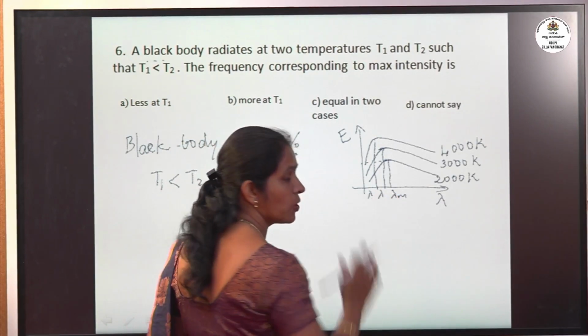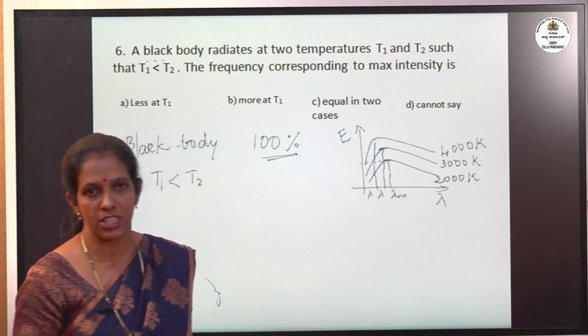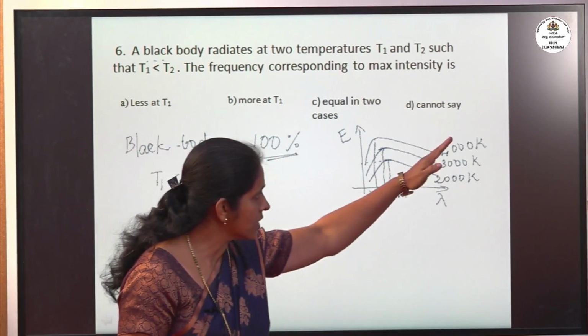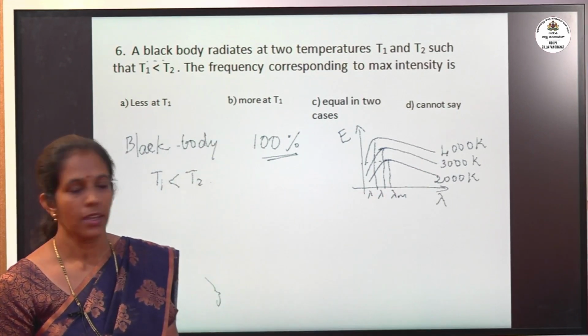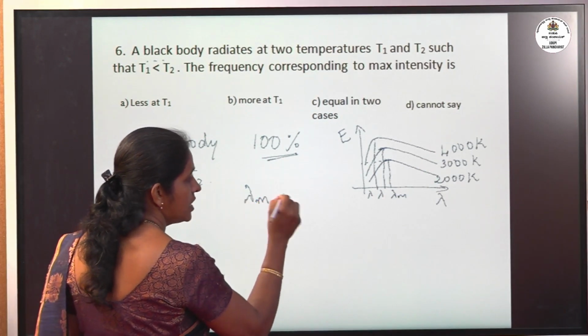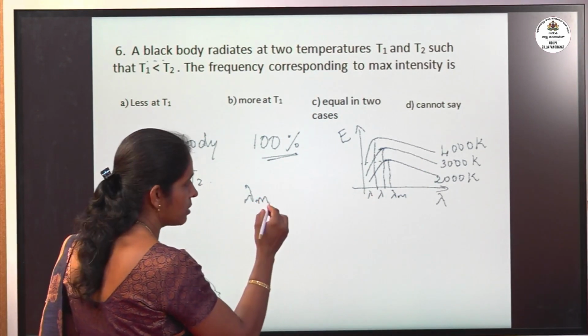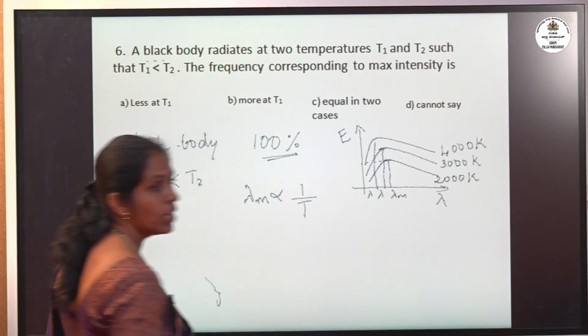Lambda m is the wavelength corresponding to maximum energy. As temperature increases, lambda m is shifted towards a shorter wavelength, which means lambda m is inversely proportional to temperature T.